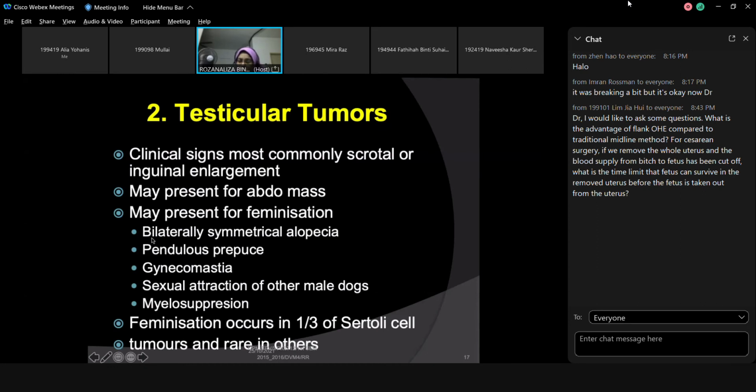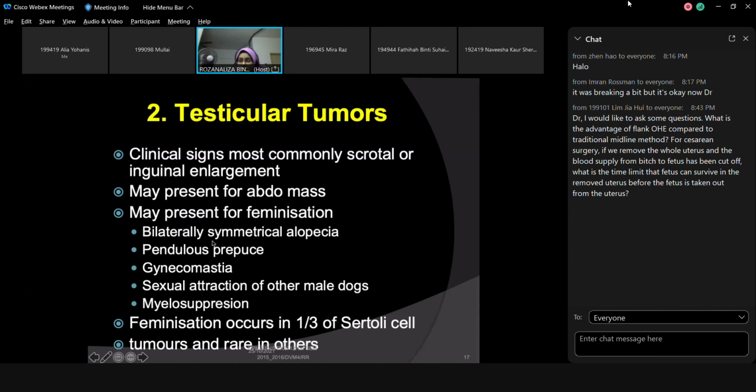And also one thing is enlargement of the nipples. I have seen one or two cases of a male dog with very weird, large mammary glands. It has this bilateral symmetrical alopecia and also a pendulous prepuce.